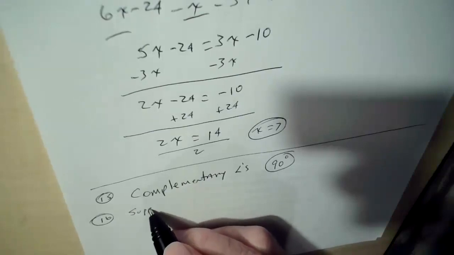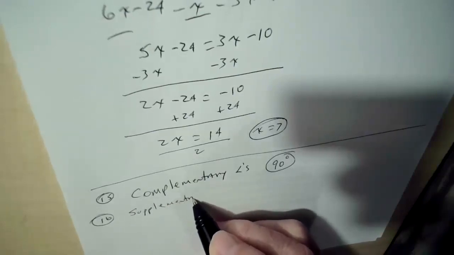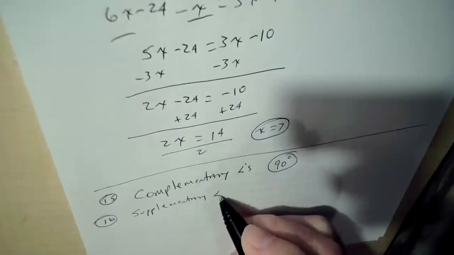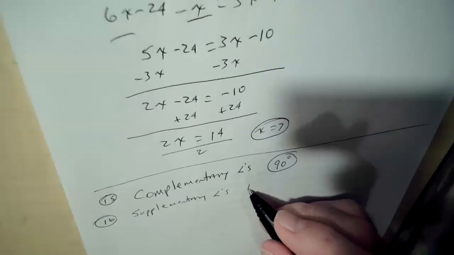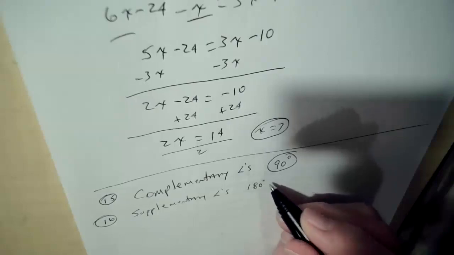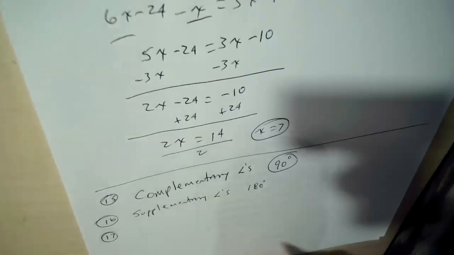Number 16 is supplementary, S-U-P-P-L-E-M-E-N-T-A-R-Y. Supplementary angles have how many degrees? 180 degrees.